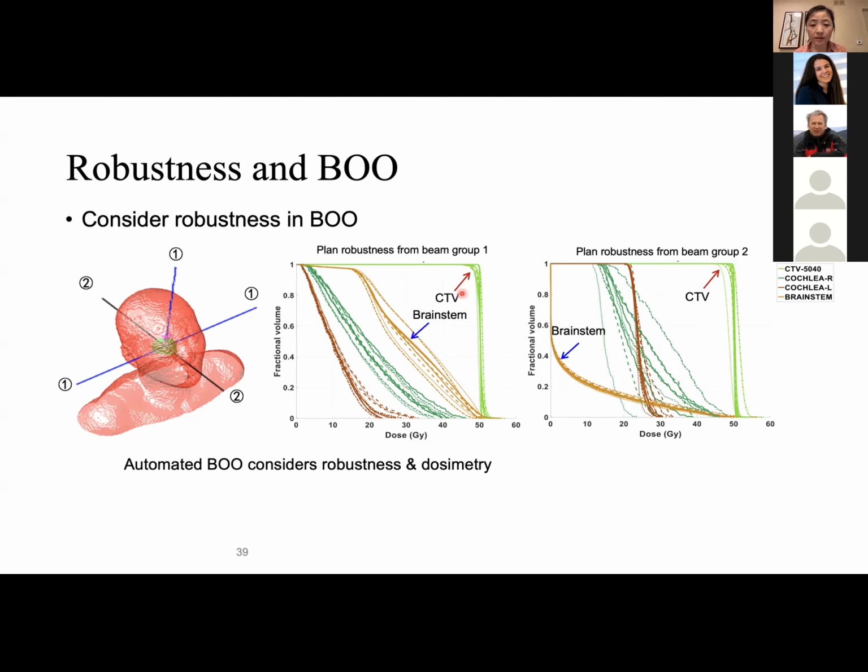But on the other side, the brainstem dose from group 1 becomes much higher compared with group 2. So the question is: since beam angles affect both dosimetry and robustness, can we develop an automated beam orientation optimization algorithm that considers and optimizes both?